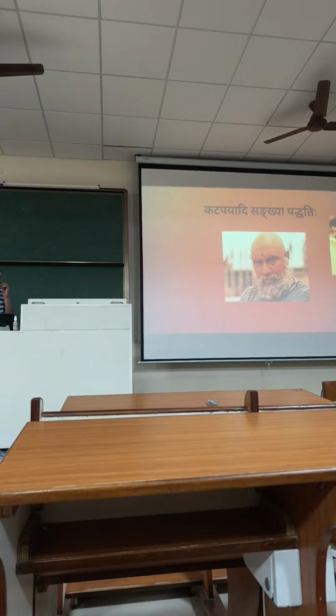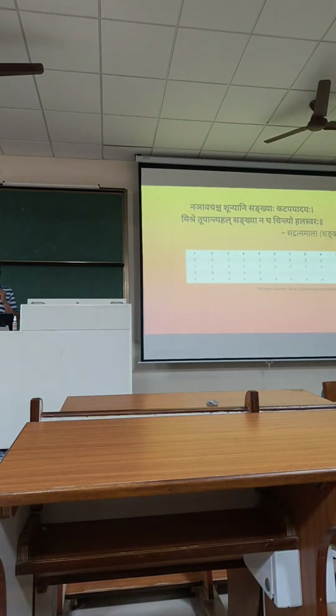So today we will also see another type of Sankhya Paddhati which is called the Katapayadi Sankhya Paddhati. There is a sloka related to how the letters are encoded according to the Katapayadi.